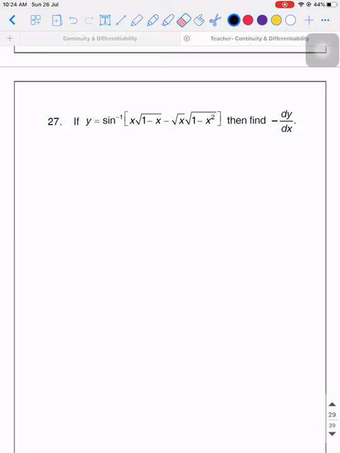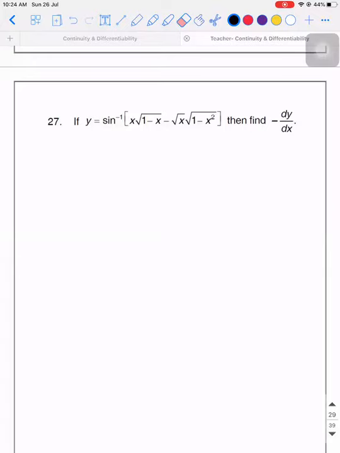Anybody? So you directly proceeded. Why is it dy by dx? Derivative of sine inverse is 1 by root of 1 minus x square? Is that how you guys proceeded? Sir, even I didn't do, sir. You didn't do it? Same, yes, sir.